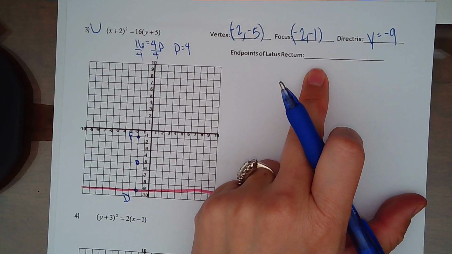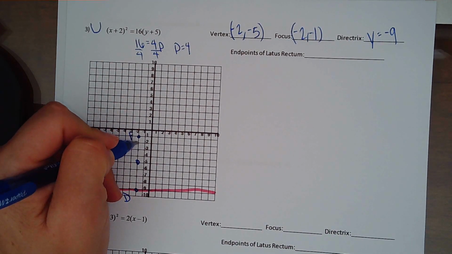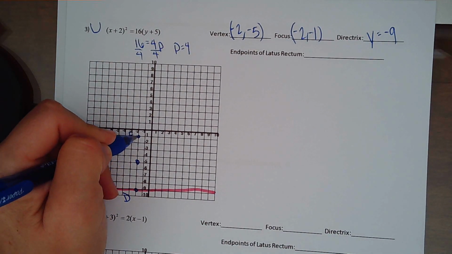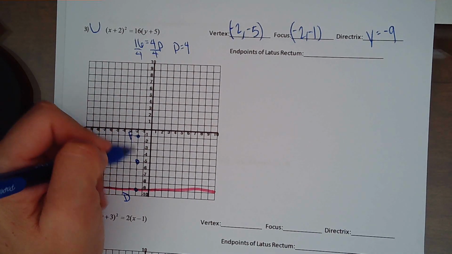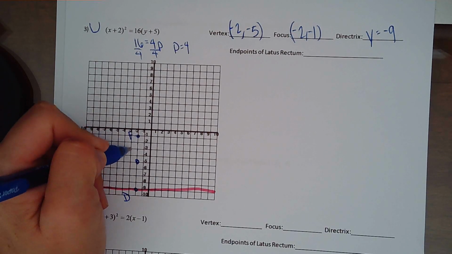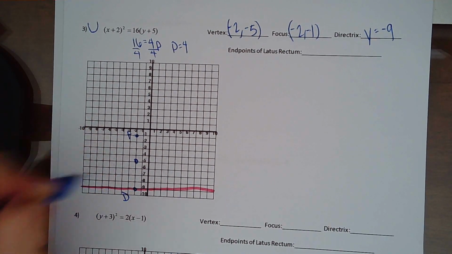And then to find the endpoints of my latus rectum, I'm going to go ahead and count the distance between my focus and my directrix, which a lot of you guys might know by now. Oh, it's just 8 because you just double it. So 1, 2, 3, 4, 5, 6, 7, 8.